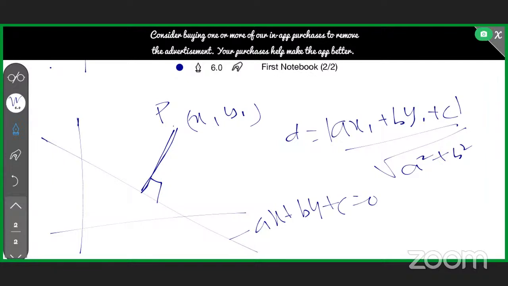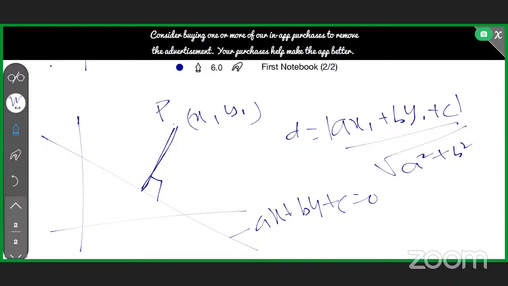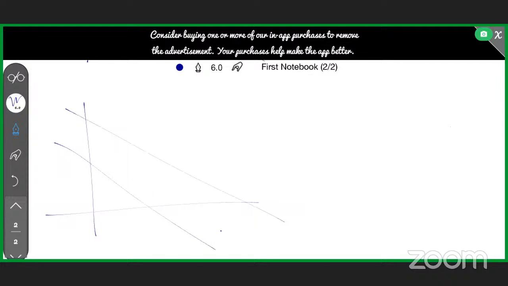Now let us say my two lines are parallel. L1 is parallel to L2, that is ax plus by plus c1 is equal to 0 and ax plus by plus c2 is equal to 0.